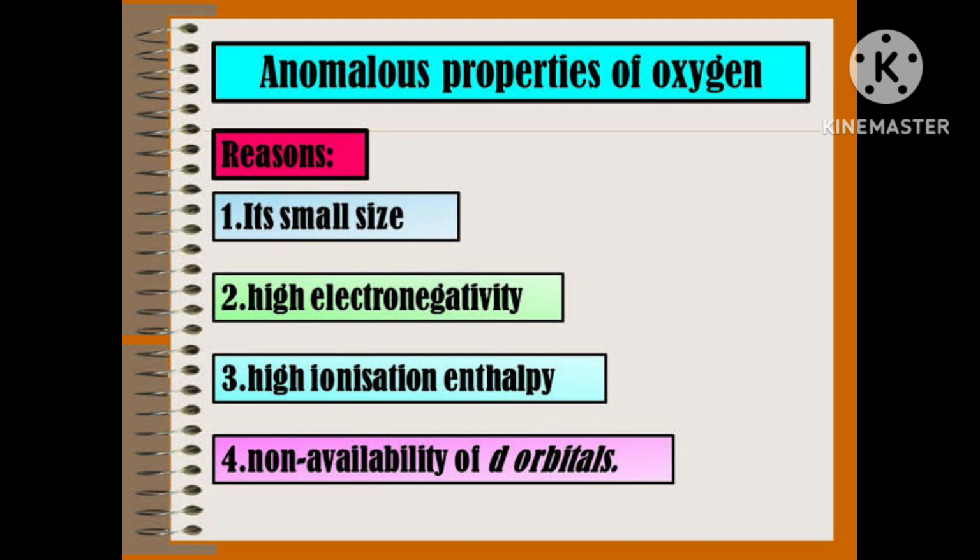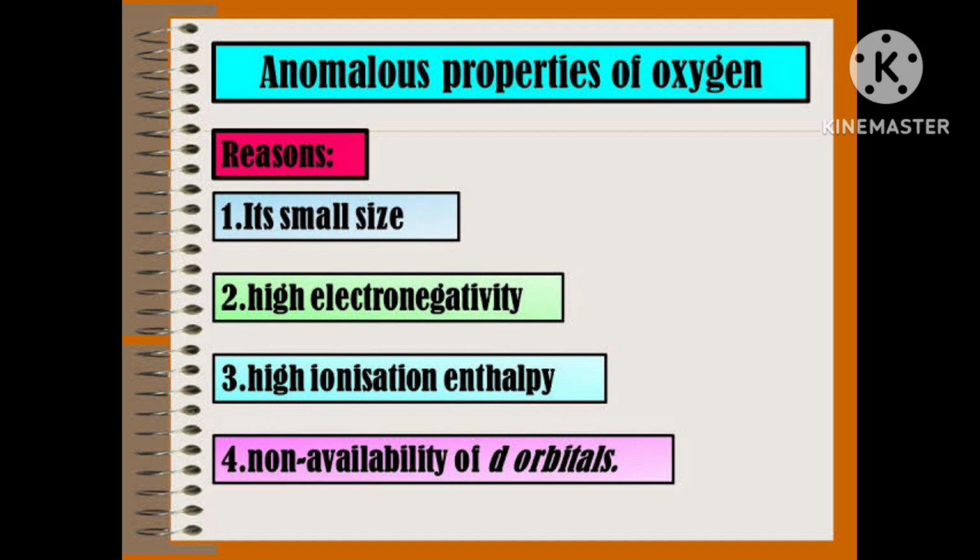Two types of oxide it forms, EO2 and EO3. Here E is equal to sulfur, selenium, tellurium or polonium.